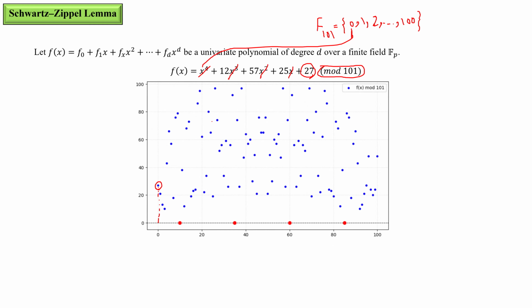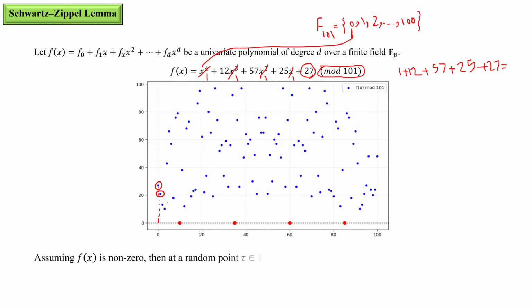If you put the value 1, then you should add 1 plus 12 plus 57 plus 25 plus 27, and then compute mod 101, and you will see the result would be this value, right? So this is the representation of the polynomial in mod 101.